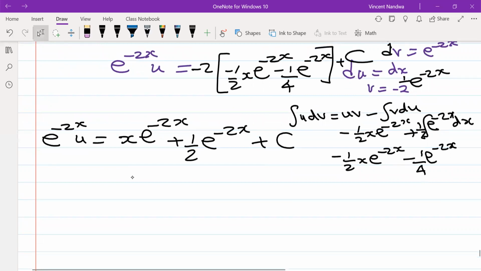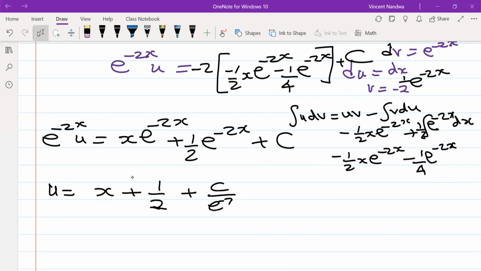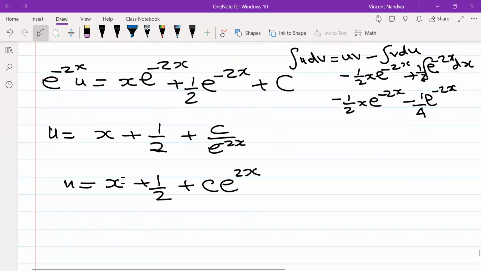So divide through by e power minus 2x to get u as x plus a half plus c over e raised power minus 2x. So which means u is x plus a half plus c e raised power now positive 2x.